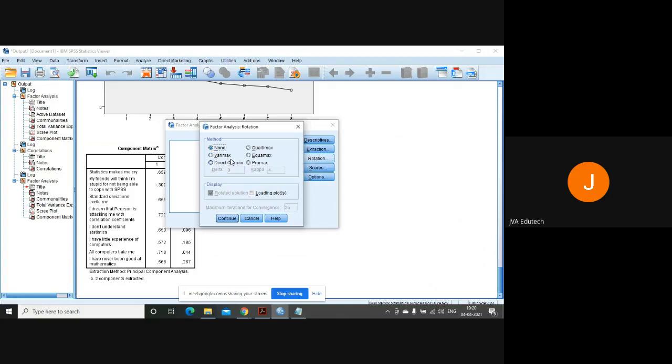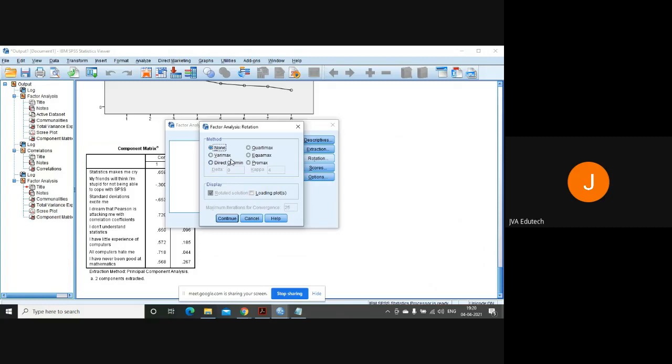For factor extraction, I already told two methods, principal component and exploratory. When to choose principal component? When the total variance is explained by a common variance. Like in my case, all the statements were measuring fear towards SPSS, or SPSS anxiety. So all were sharing a common variance, so I used principal component analysis.